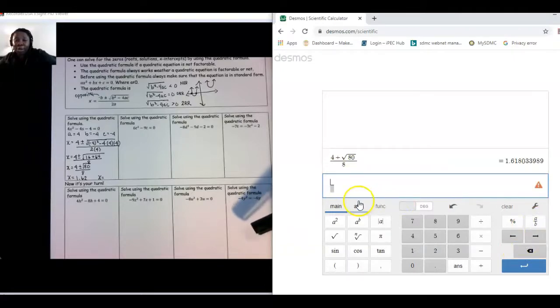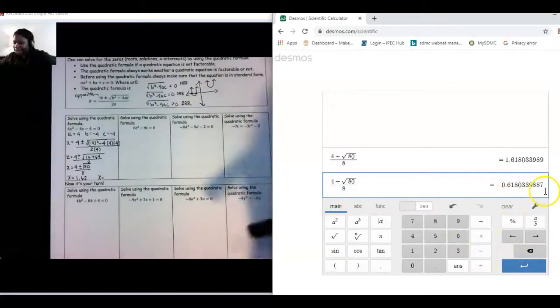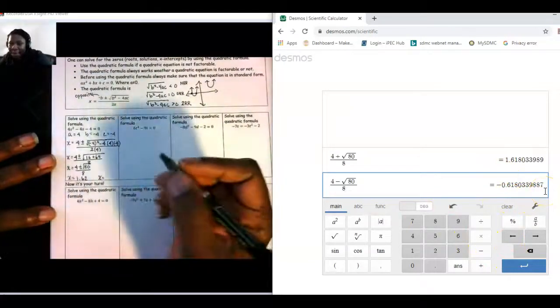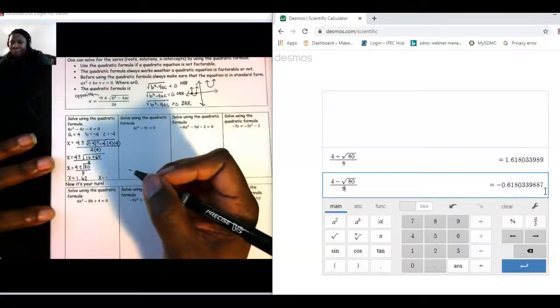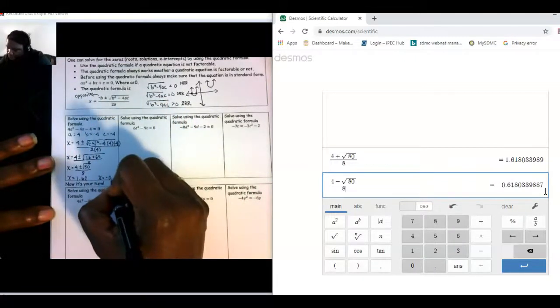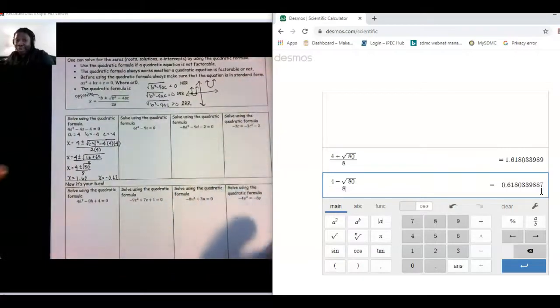So we're going to now go 4 minus the square root of 80 over 8. And this is our second root. So it's x is equal to negative 0.618, so 0.62. And that is how you do it.